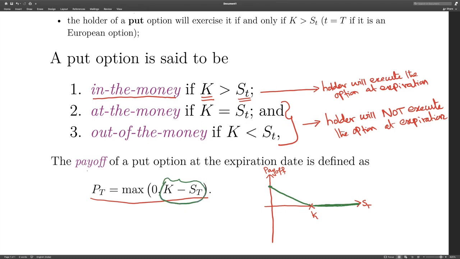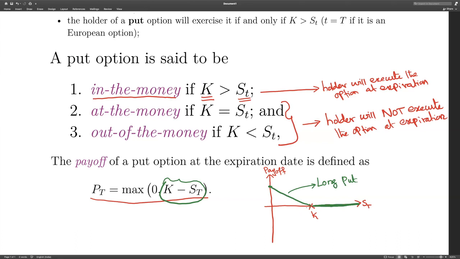So this is from the holder's point of view, and therefore this is the long put. You can similarly view the payoff from the writer's point of view, in which case it is called the short put, and the payoff is again: when the spot price is greater than the strike price, the writer will not have any payoff because the holder will not execute the option.